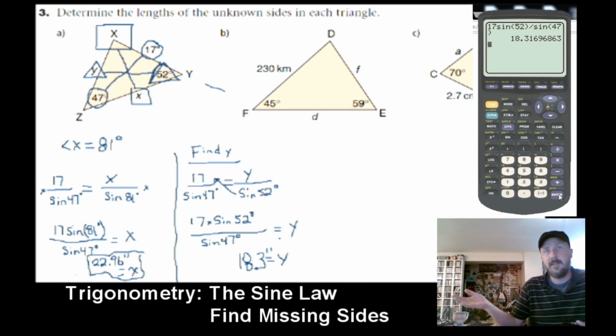So if you're ever stuck, this sine law is handy to know how to use. Okay? There was a whole bunch of find the side questions. We did find an angle, but we did it our cheat grade 9 way, I guess, by knowing that inside of a triangle it adds up to 180. So we found x, we found y, we found both of the unknown sides.